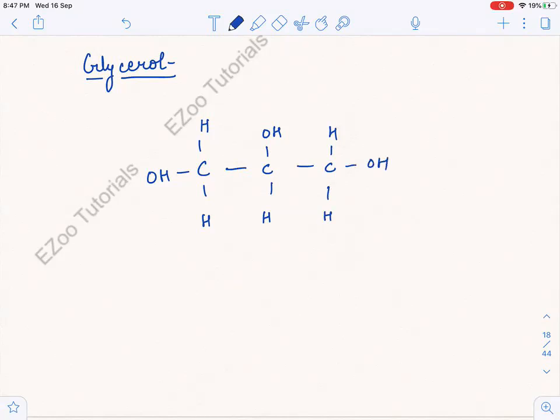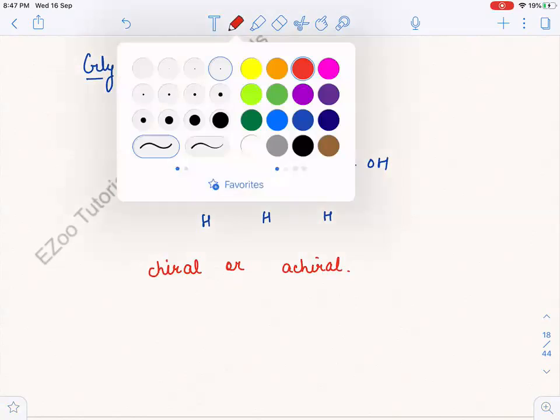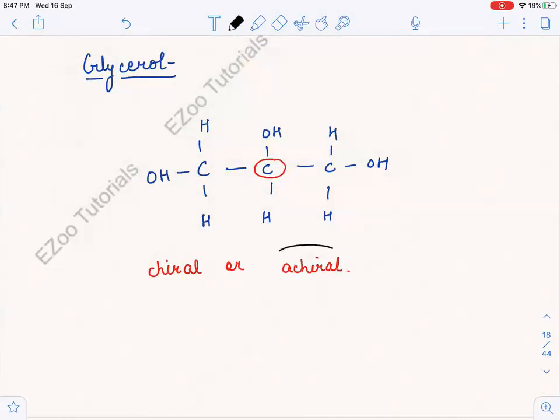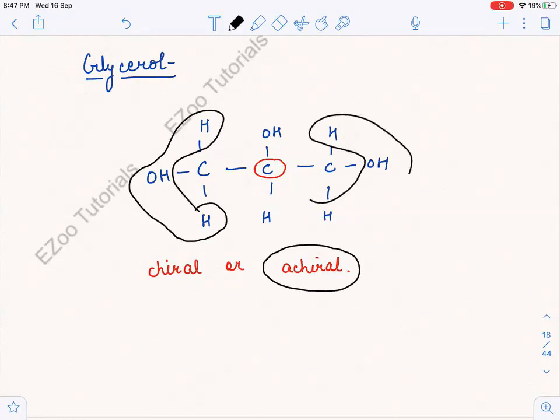If I ask you about this carbon in the center, whether it is chiral or achiral, what will be the answer? Think. Yes, the answer will be achiral, because can you see these two are the same?